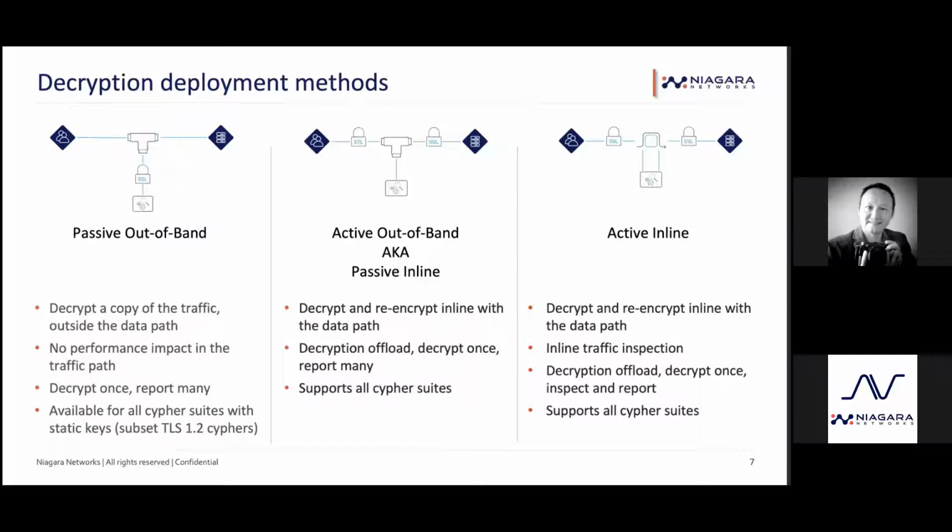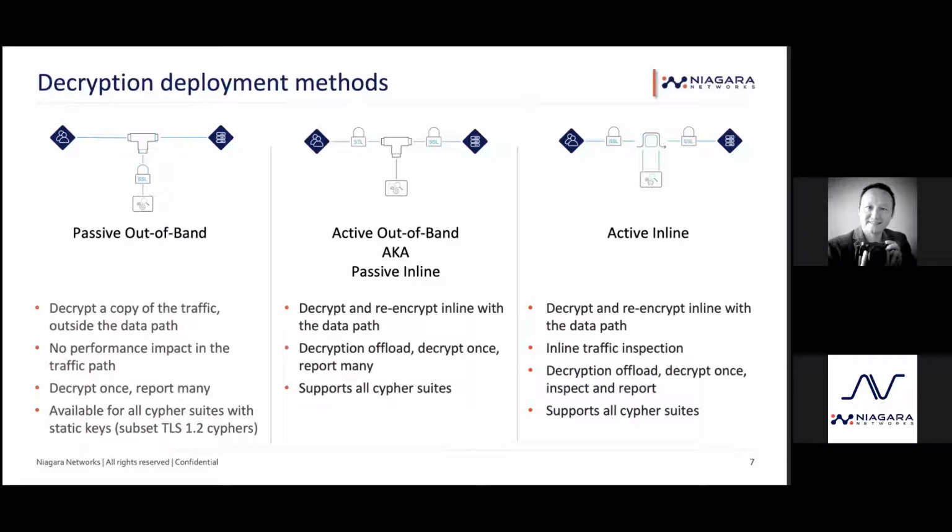The third one is often thought of as the man in the middle, while the active out of band or passive inline is typically a man in the middle deployment as well. Here we can place an inspection tool, let's say a web application firewall or an intrusion prevention system, in line with the decrypted traffic.